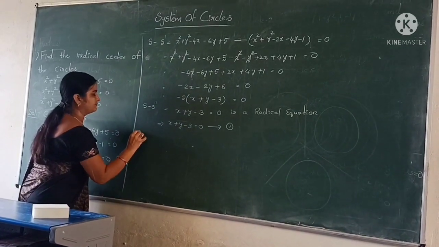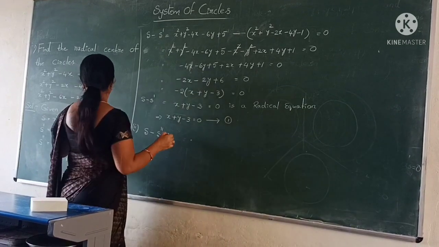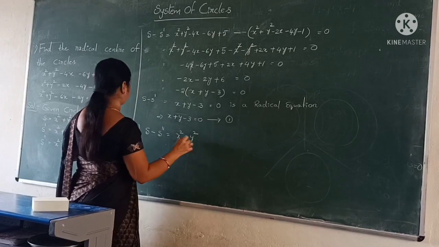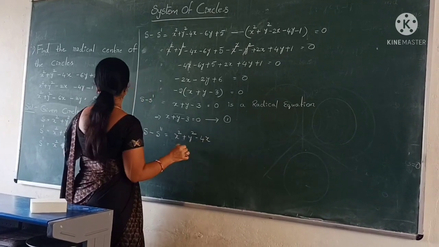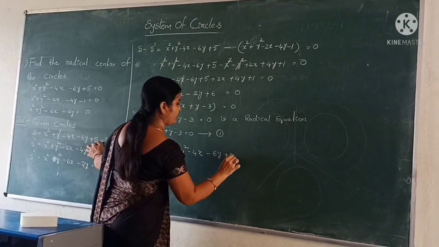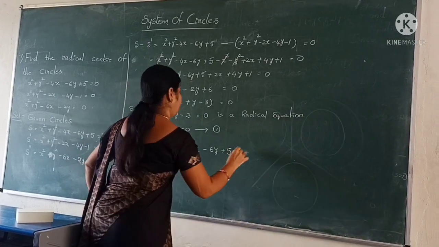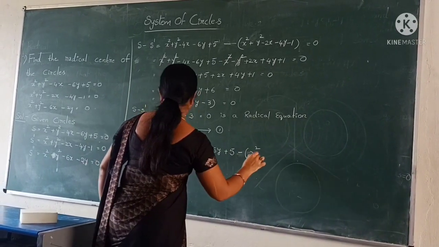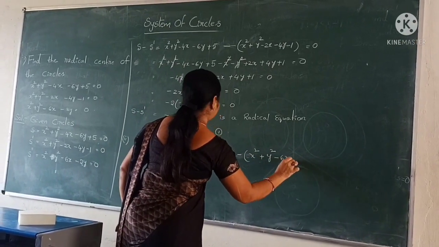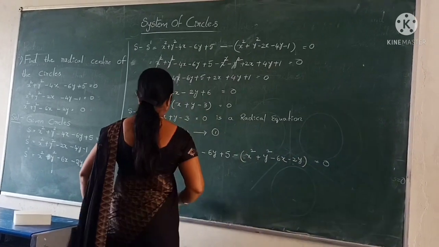The second case is S minus S double dash. That is x square plus y square minus 4x minus 6y plus 5 minus S double dash, which is x square plus y square minus 6x minus 2y is equal to 0.